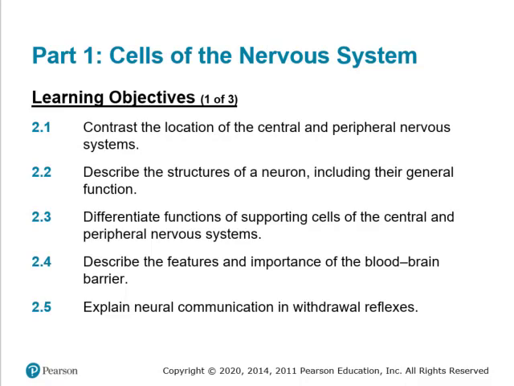We're going to describe the functions of supporting cells, the glial cells within the central and peripheral nervous system, talk about the blood-brain barrier, and explain neural communication through the example of the withdrawal reflex.